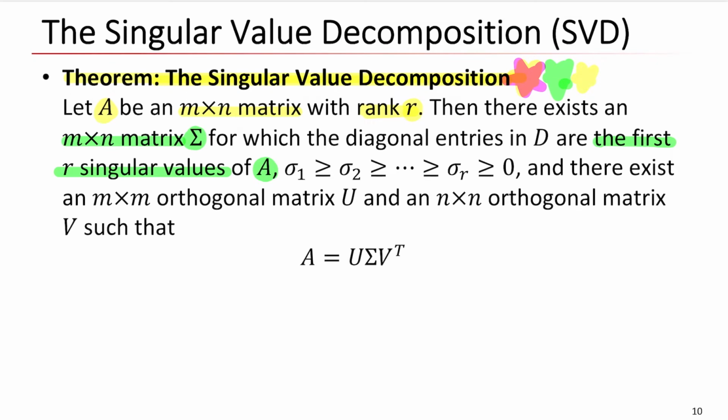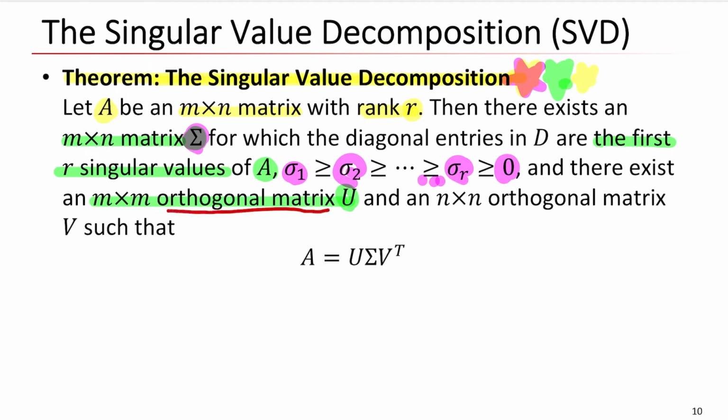The square root of the eigenvalues of A transpose A, right? So the first r singular values of the matrix A are sigma 1, sigma 2, up to sigma r, larger than 0. Then there exists an m by m orthogonal matrix U.